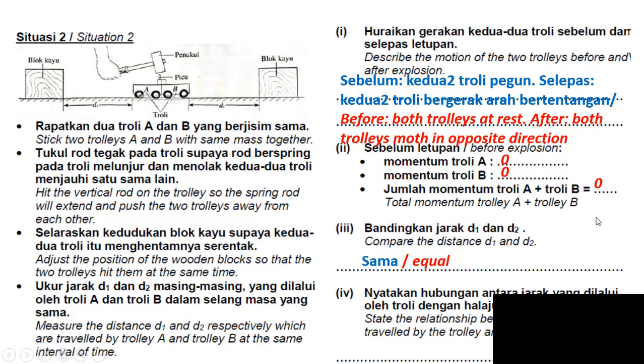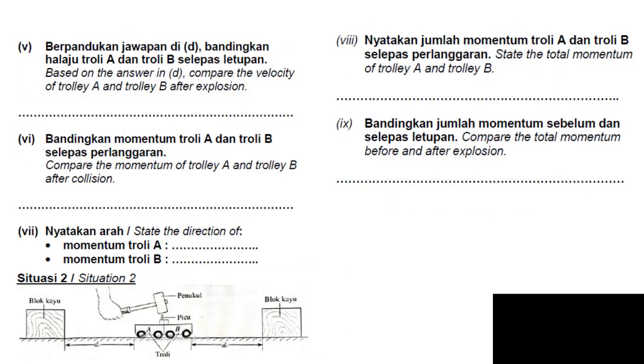State the relationship between the distance travelled by the trolley and the trolley's velocity. The longer the distance, the faster the speed. It means that both trolley A and trolley B have the same velocity but they move in opposite direction. So comparing the velocity of trolley A and trolley B after explosion, they will be equal because they have the same distance.